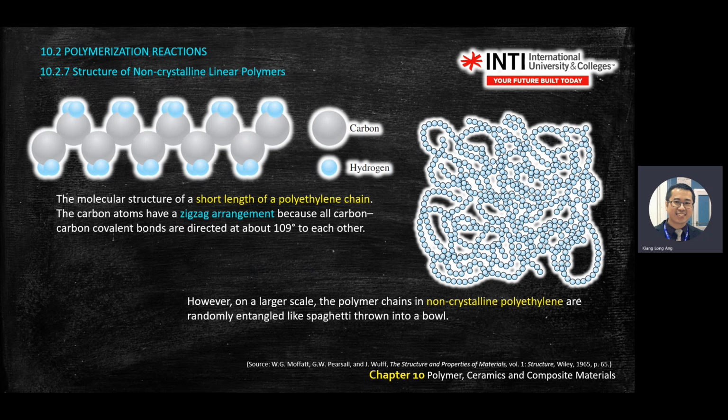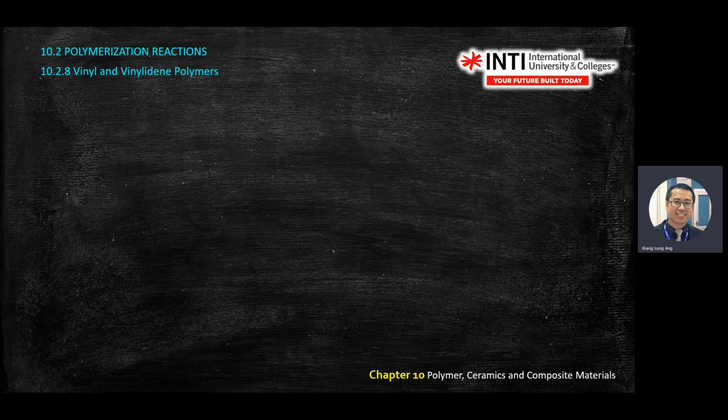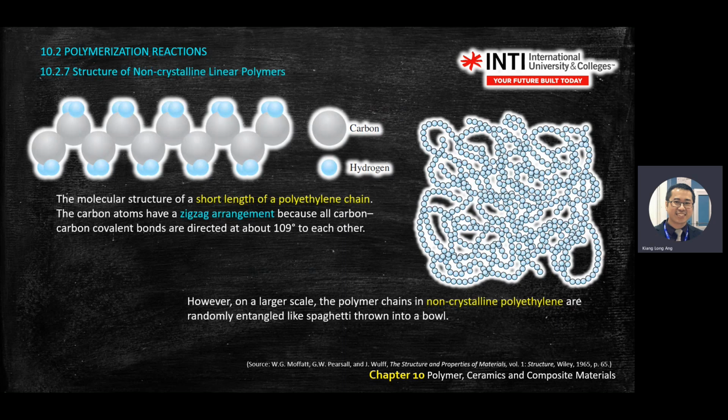If you see polymer something like this, very messy, then it's non-crystalline. Then we are already done with the polymer formula, and for hydrocarbon, the general formula is CnH2n+2.